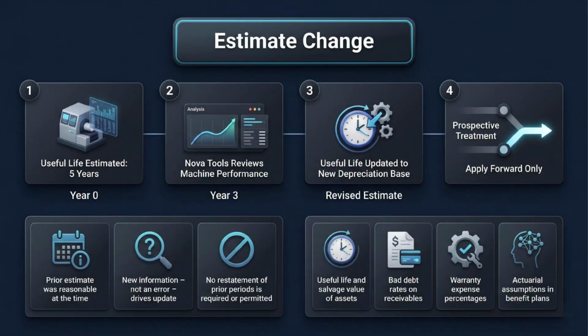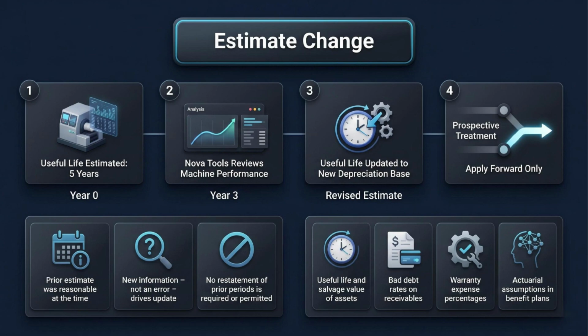A change in estimate is different because estimates are forward looking. Management makes reasonable estimates using the best information available at the time, but real business conditions change. A machine may last longer than expected. Customers may default more often than expected. Warranty claims may rise after new product data appears.